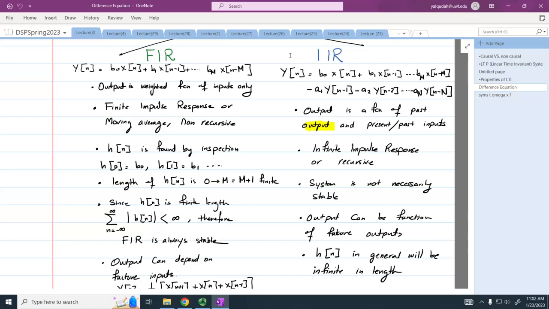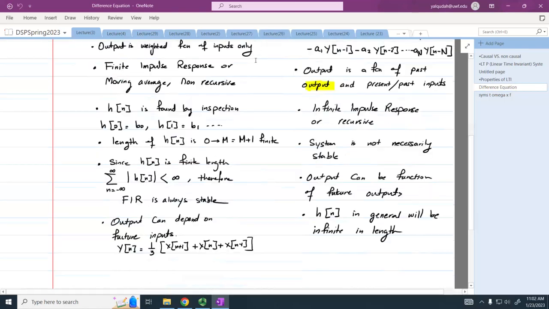The output of the FIR and the IIR can depend on previous or future input. That will determine whether it is causal or not causal. Okay, so given an FIR filter, how do we find the impulse response of the FIR filter?